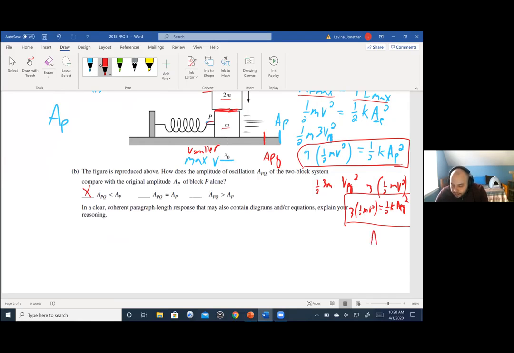So AP squared over APQ squared is equal to 9 over 3. But 9 over 3 is just 3 over 1. So the ratio there is rad 3 to 1.